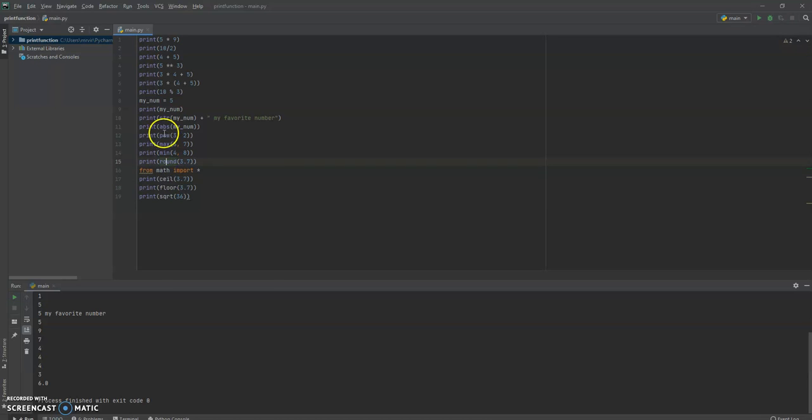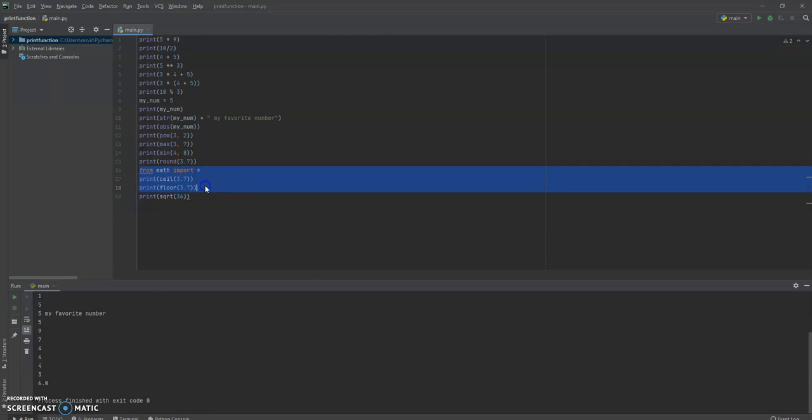It's basically just another way to do the round function, I guess. You could just do ceil, but I really don't know why they made it like that, because it's just so hard to remember the word ceil. I mean, how are you supposed to know that?